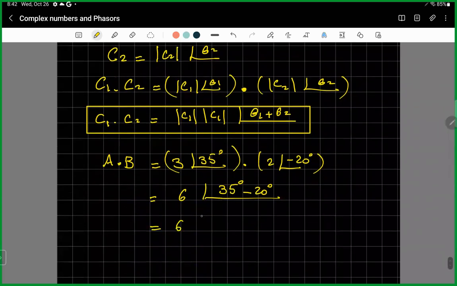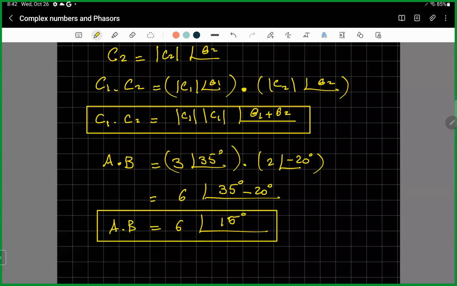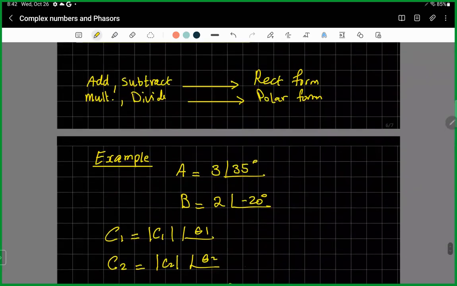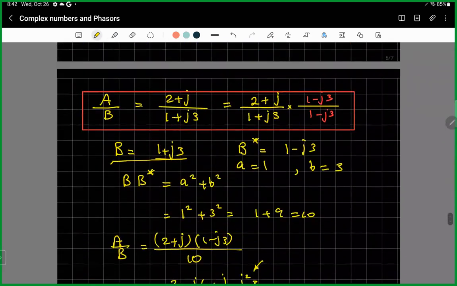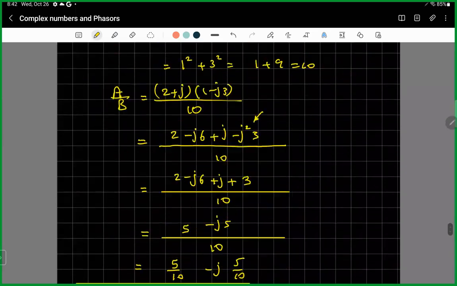That will be equal to 6, and the angle will be 15. If you want to convert it to rectangular, you can do that. You know how to do it, but it's easier. It's very obvious which one is easier: multiplying using polar, or the rectangular form that we did before. Of course, this is easier.